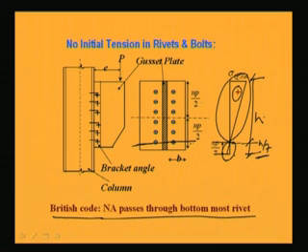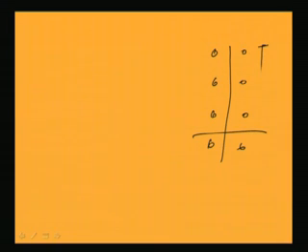So, there are two types of analysis, two codes have been suggested. We are going to focus only on the US code, whatever it has proposed, we are going to follow this. Now, suppose rivets are placed like this. Say this is h by 7 and this is h. The assumption is that the tensile force varies with the distance y.